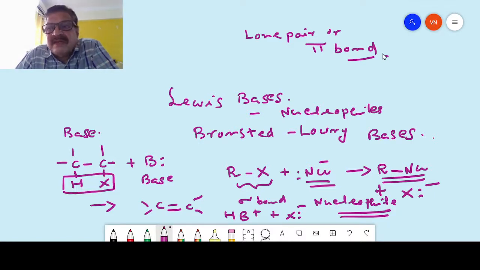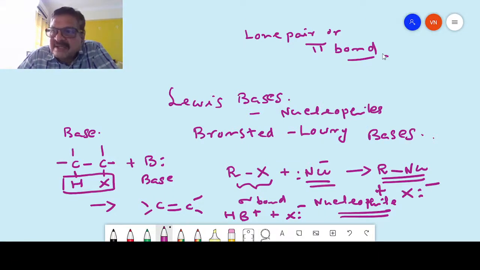Now, Lewis acid and Lewis base. Bronsted acids and bases are concerned with protons, proton donating and proton accepting. Whereas a Lewis acid is an electron pair acceptor. For accepting an electron pair, it should contain a proton, or an unfilled valence shell, not an octet, or a partial positive charge. These are the three conditions for a Lewis acid.